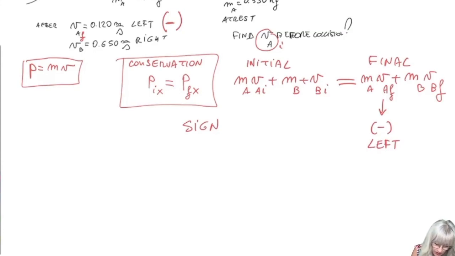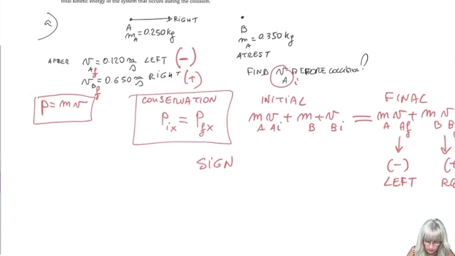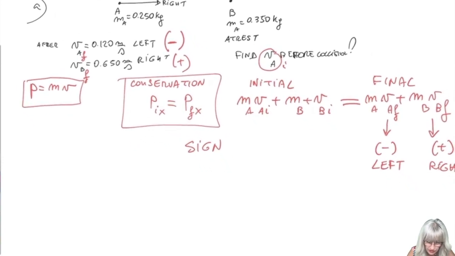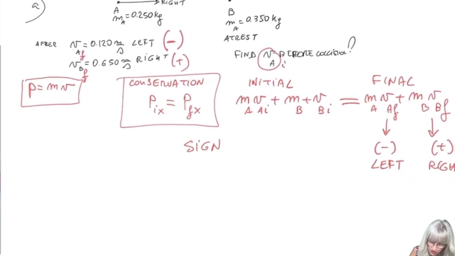The velocity of B final goes to the right, so this is positive, and I know the value. I also know that the initial velocity of B is 0 because it is at rest.